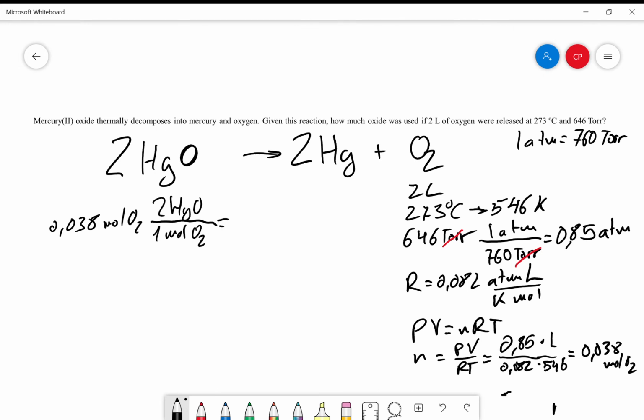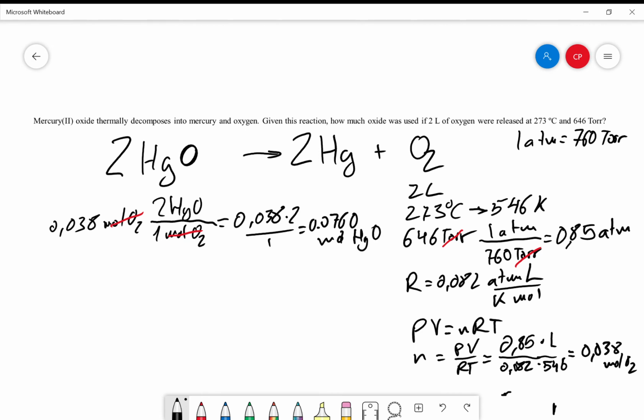That makes, again, we can work out the number of moles of mercury oxide by multiplying 0.038 multiplied by 2 and divided by 1, 0.076 mole of HgO.